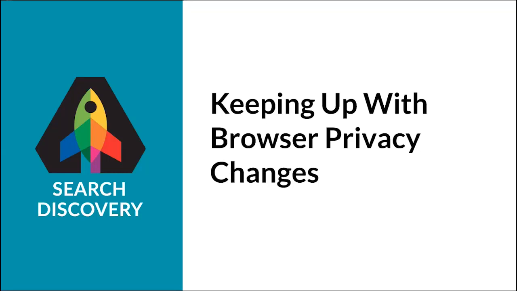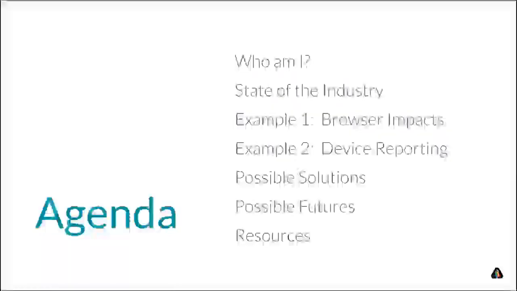So today's talk is keeping up with browser privacy, specifically looking at the impact that those may have had on A/B testing. And with that in mind, we're going to go over quickly who I am, a little bit of the state of the industry, what some of the more recent browser impacts to your optimization program might be. I have an interesting example of device reporting.